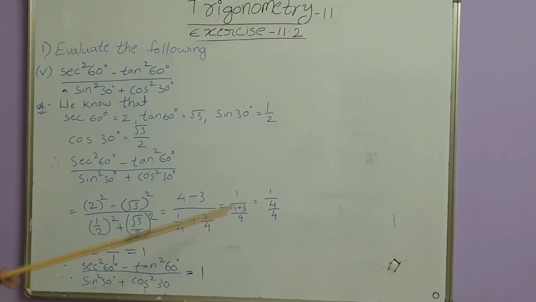This 4 by 4 cancel. So, 1 by 1 is equal to 1. Sec square 60 degrees minus tan square 60 degrees by sin square 30 degrees plus cos square 30 degrees is equal to 1.